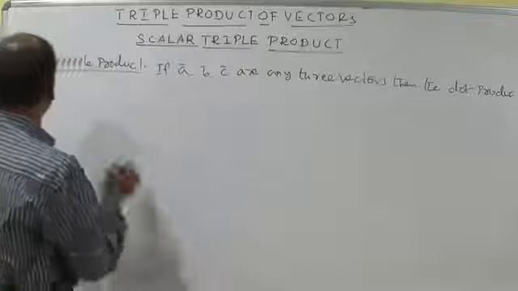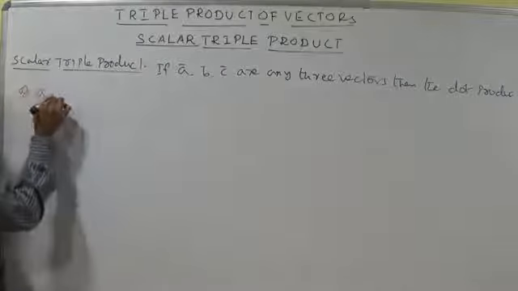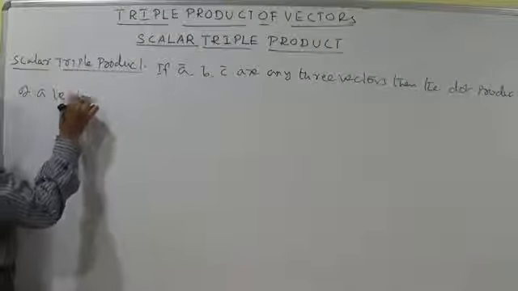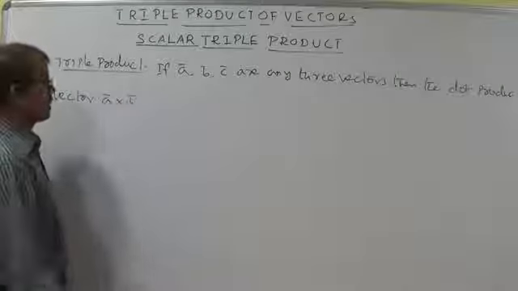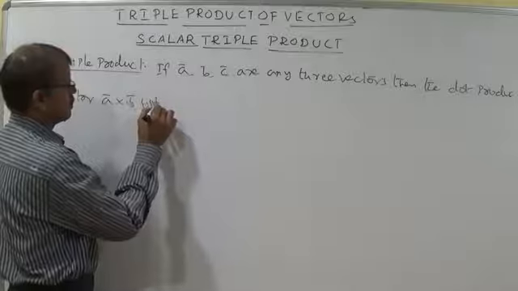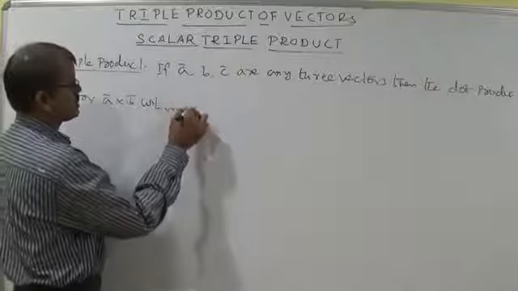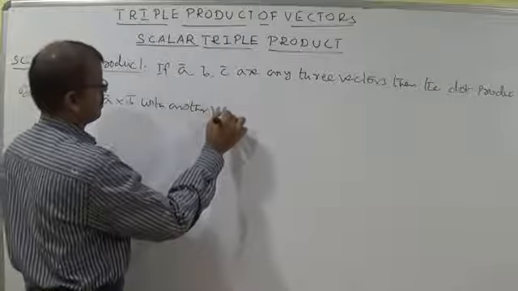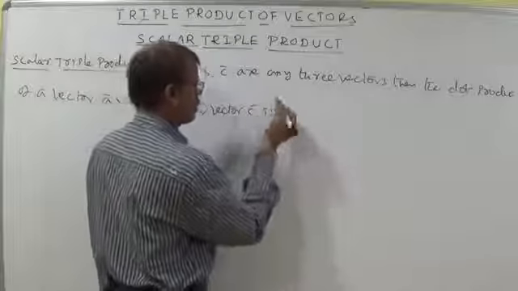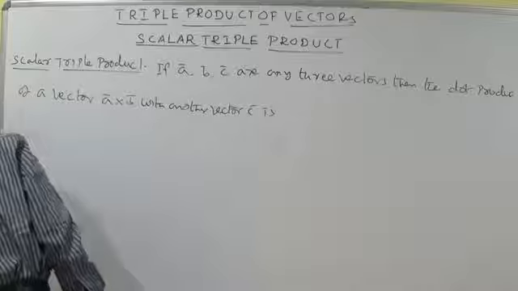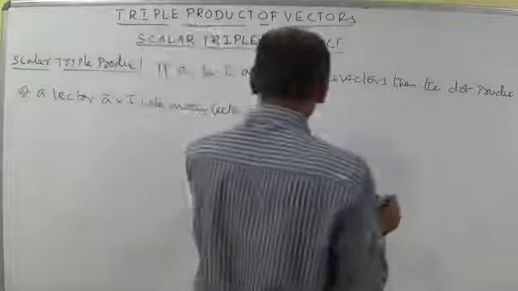the dot product of a vector A cross B with another vector C bar is R. This can be notated in other way also.